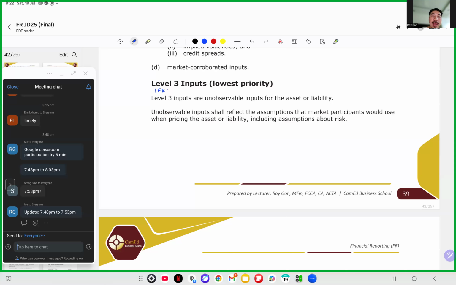IFRS 13 allows level 3, allows fair value without invoices as evidence.